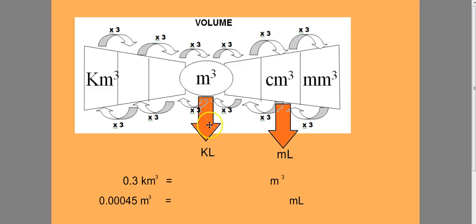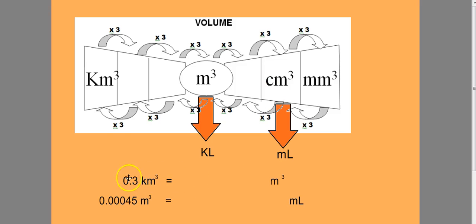A meter cubed holds 1,000 liters. 1,000 liters is a kiloliter, kilo meaning 1,000. So that's something that you can add to your volume bow tie. And a centimeter cubed, think of about a dice or a cube of sugar, holds 1 milliliter. So picture that, 1 milliliter is one of those little centicubes.